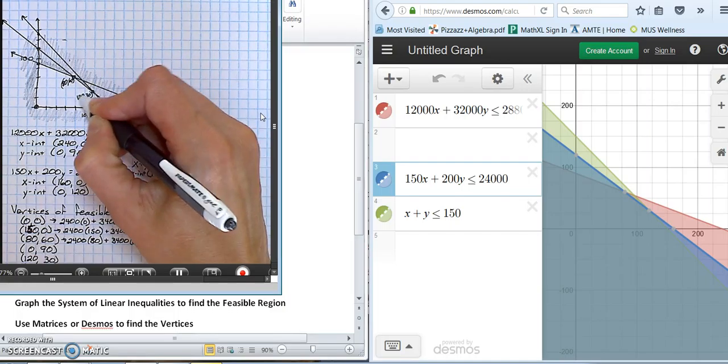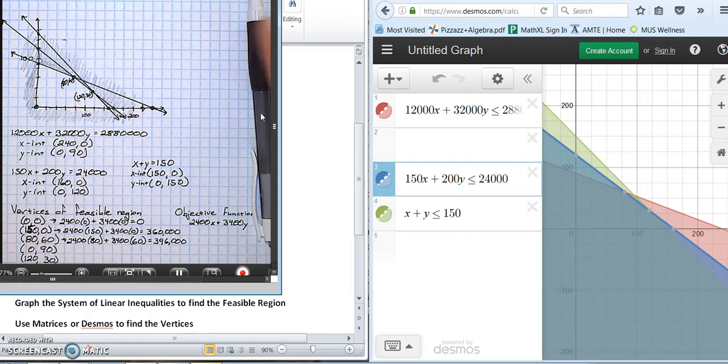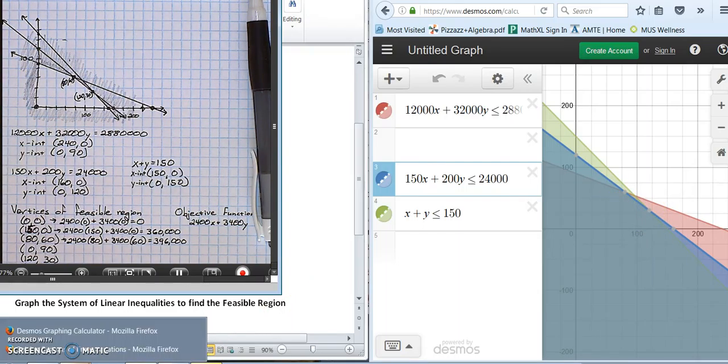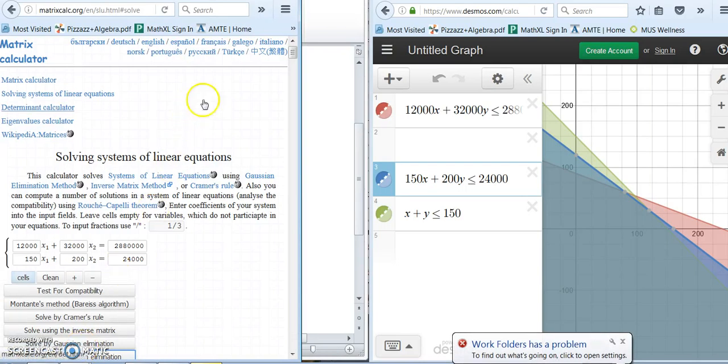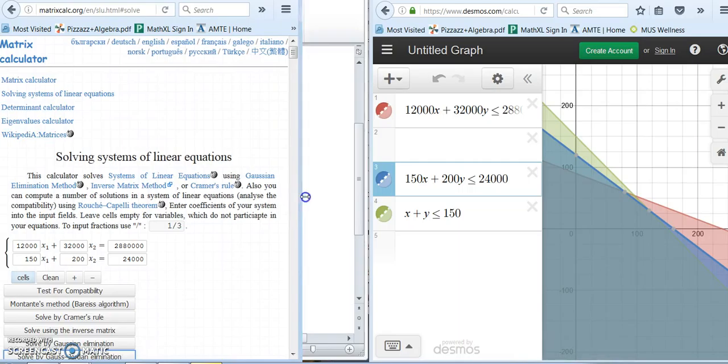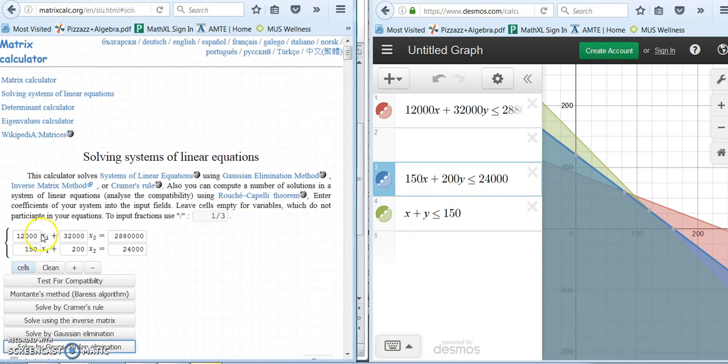If you're ever wondering if you have found the right point by looking at the graph, you are able to use other technology that we've done before, and that is matrixcalc.org. At matrixcalc.org, you'll remember that we had solving systems of linear equations, and I could type in, let's say I want to know where the red line and the blue line intersect.